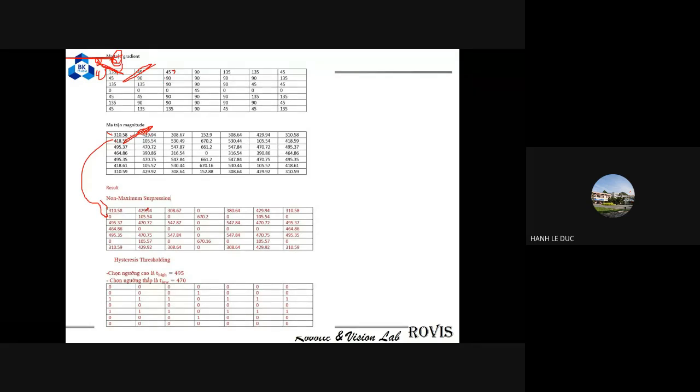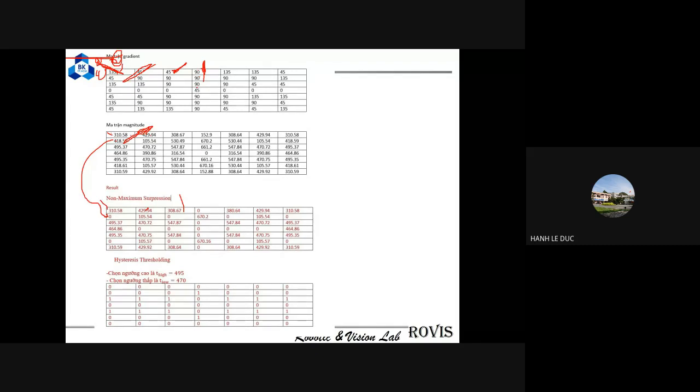And how about this one? This one is 45, and on this direction there is just one 45, so keep it. And how about this one? 90, 90, and 90, a similar direction.